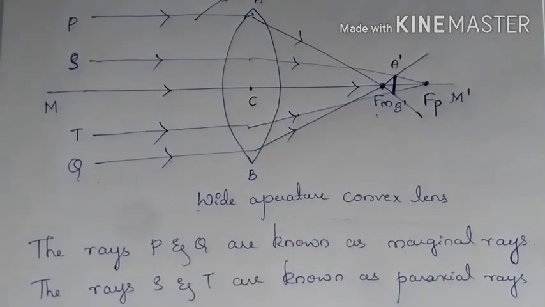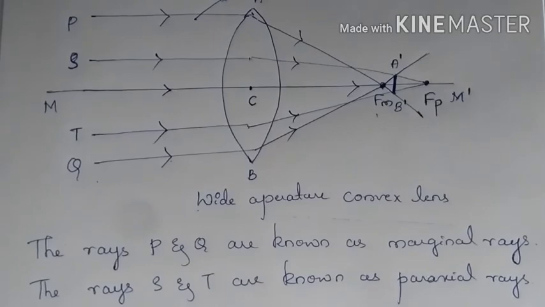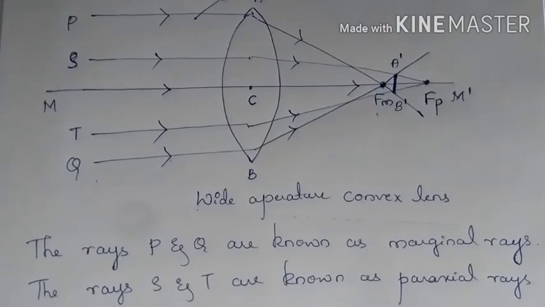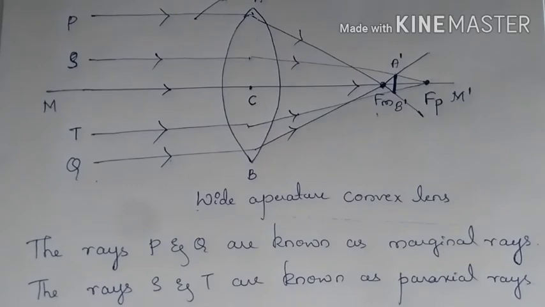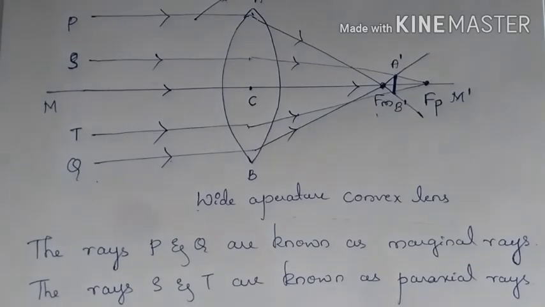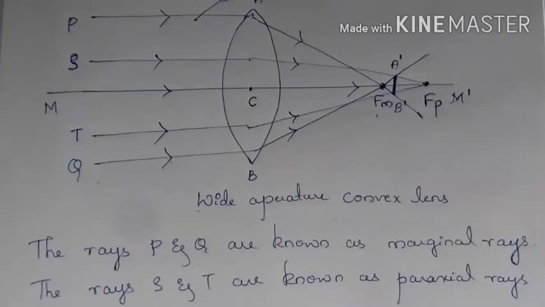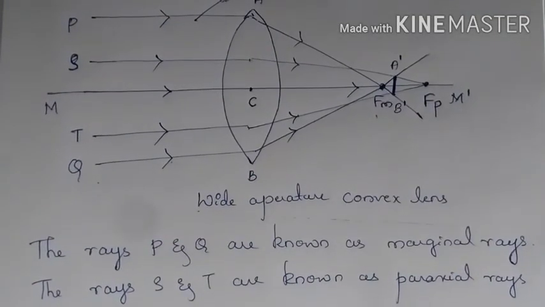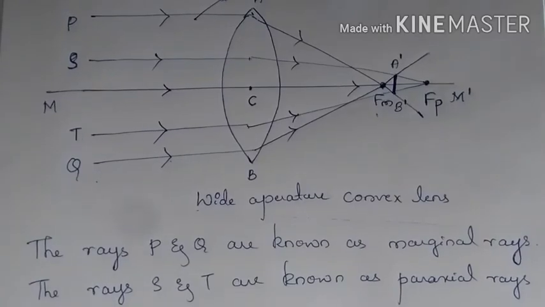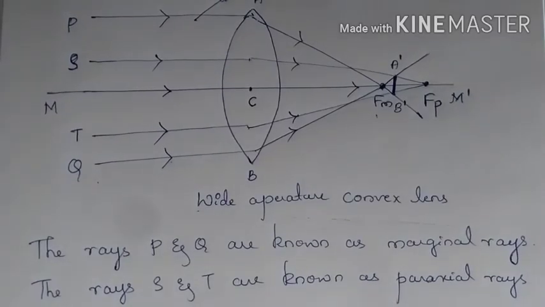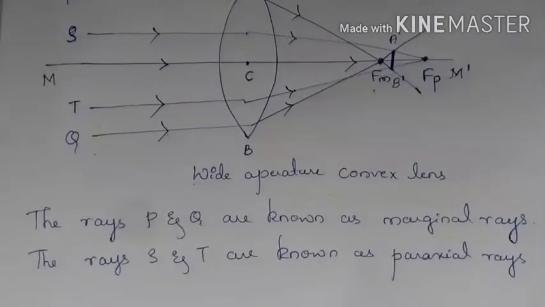The circle of least confusion, formed by the intersection of paraxial and marginal rays, forms the image A prime B prime. This defect in a lens, due to different focal lengths for different portions of a wide aperture, is called spherical aberration. At different points of a lens we have different focal lengths. Due to this, the sharp image will not be formed, and this defect in a wide aperture convex lens is known as spherical aberration.